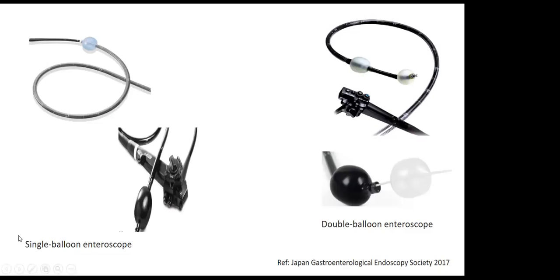The image in this slide shows, on the left side, single balloon enteroscopy, and the right side shows double balloon enteroscopy, in which the overtube helps in allowing deeper intubation.